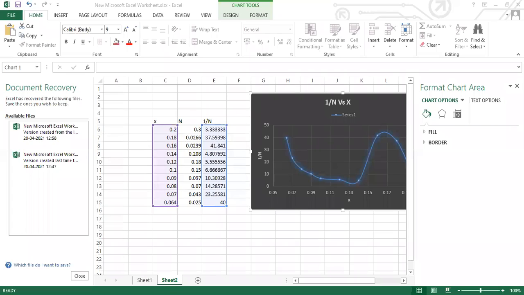Multiply by what will be the x-axis? It's also 10. Multiply by what will be this axis? 0.02. So 10, 10, 100; 100 multiplied by 0.02.